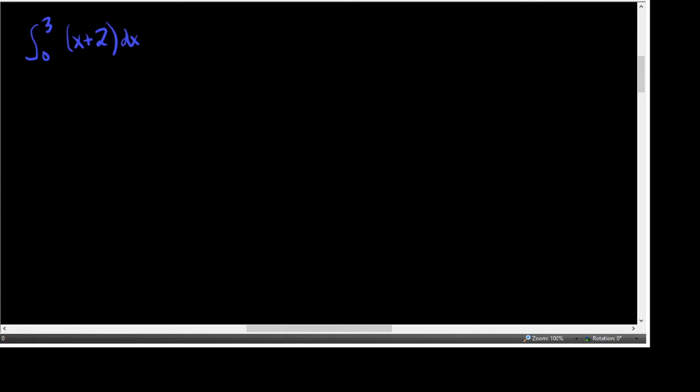That is the same thing as if I found the integral from 0 to 3 of t plus 2 dt. Those are actually the same thing. So that variable is called a dummy variable because it could be anything. It could be a z or a j or whatever letter you want it to be.